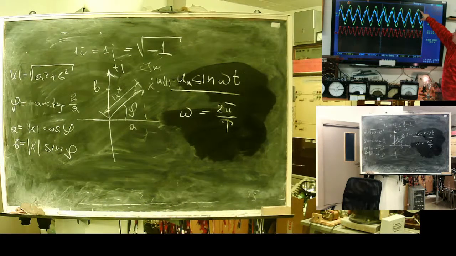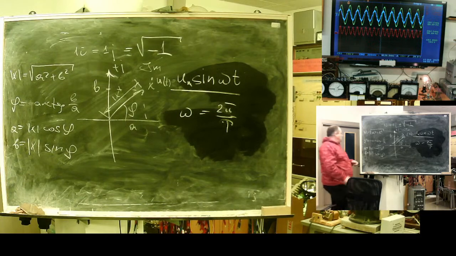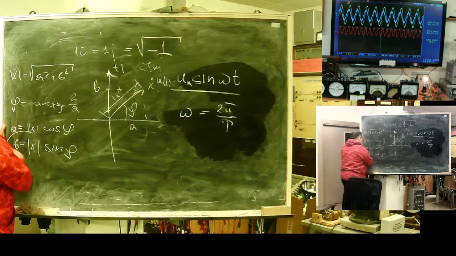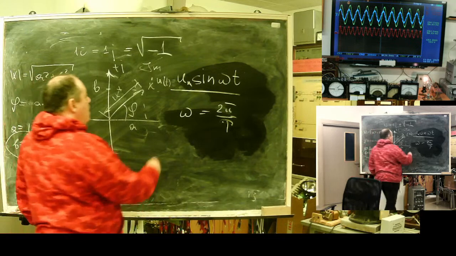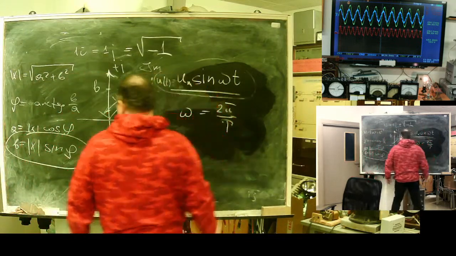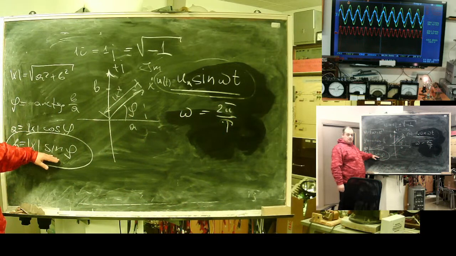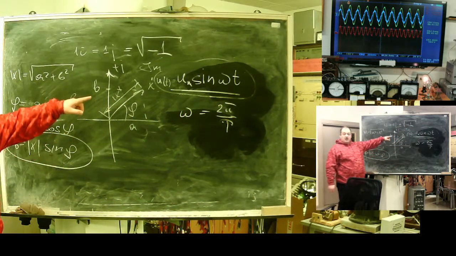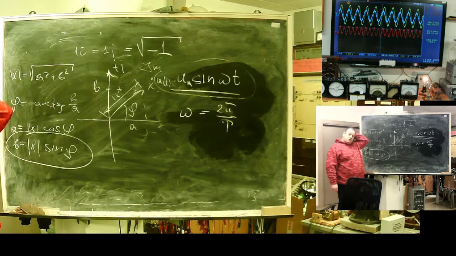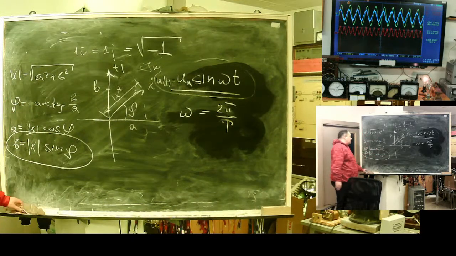This distance will be U max. Take a look here and here. What do we see? Sine and sine. What was Heaviside's bright idea?